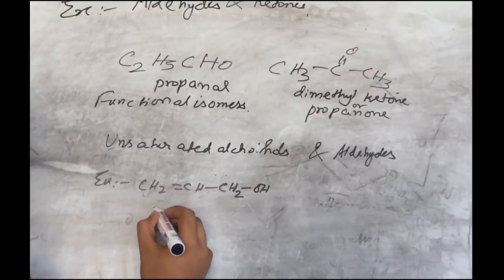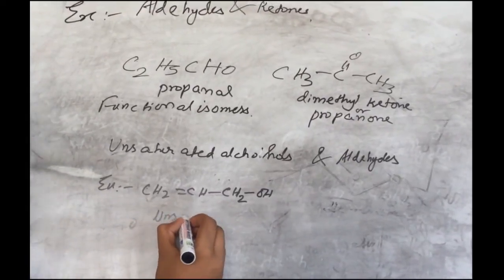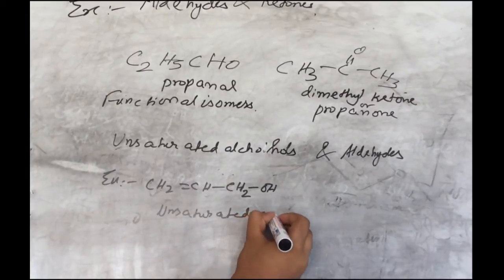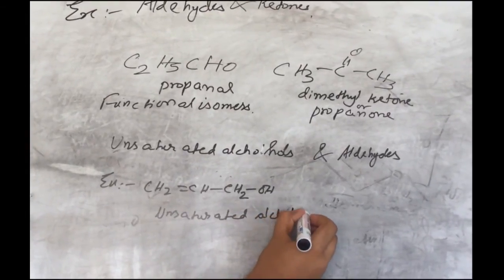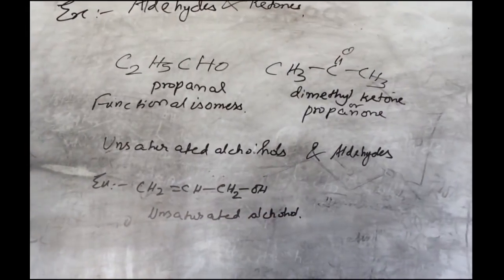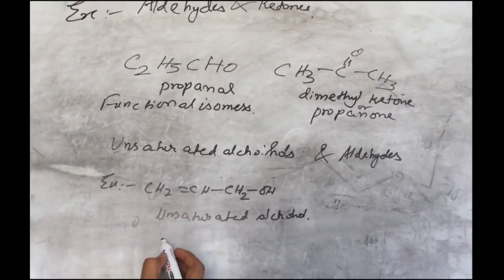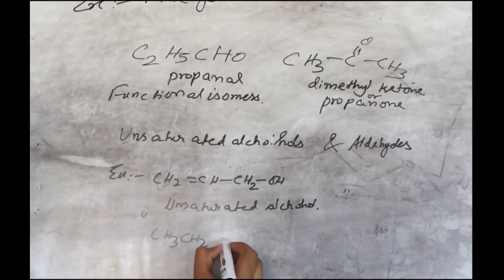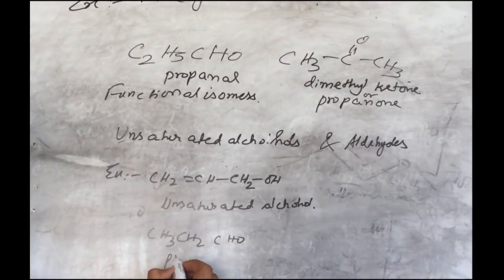And this one is the unsaturated alcohol, and the other is the aldehyde, CH3CH2CHO, propanal.